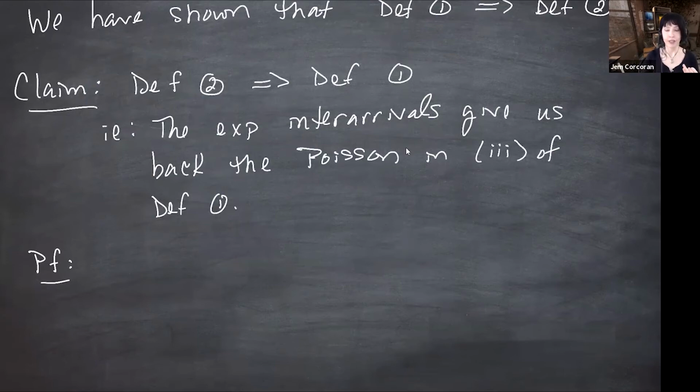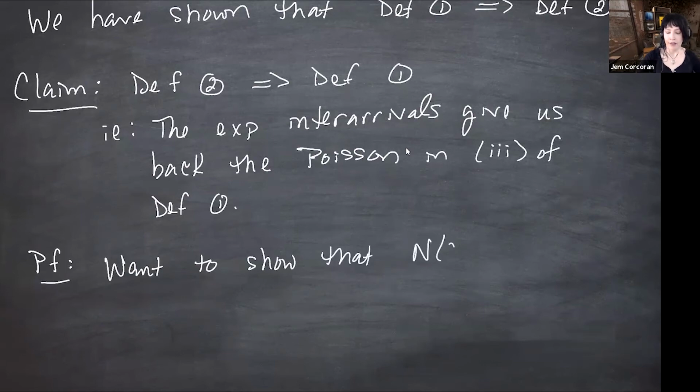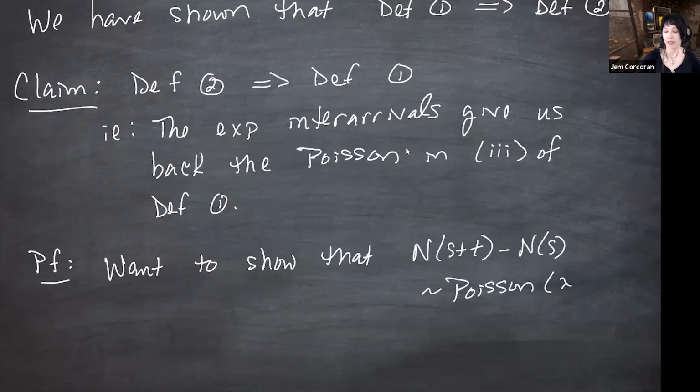But we need to go from the exponentials to the Poisson. So I want to show that N(s+t) minus N(s) is a Poisson random variable with parameter lambda times t.